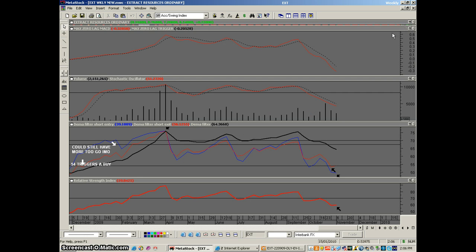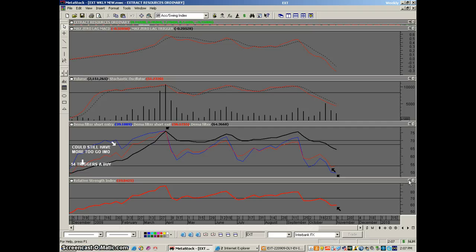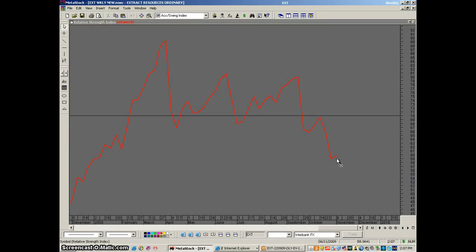At the moment the MACD hasn't triggered a buy, nor has the Stochastic. Our DEMA is still sitting around about 65, so it can turn and go again. Our little short entry triggers are just starting to trigger on the weekly, and the weekly RSI has decided to turn up again.